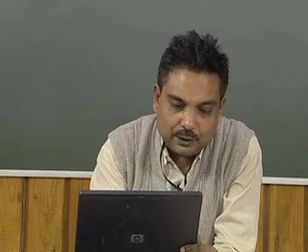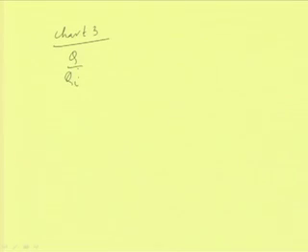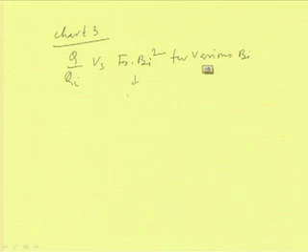It is a plot of q by q i versus Fourier number into Biot number squared, for various Biot numbers. The Biot number is the variable quantity, and the x axis is Fourier into Biot squared, which is nothing but h squared alpha t by k squared.